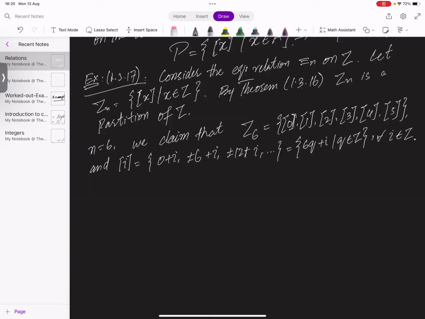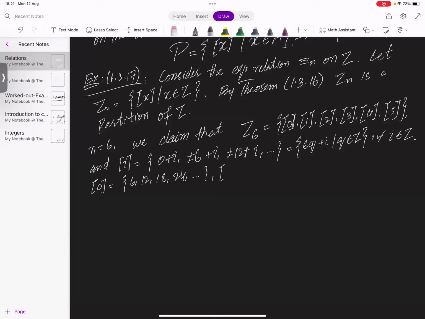If you take 0, then the equivalence class for 0 inside the integers would be 6, 12, 18, 24.